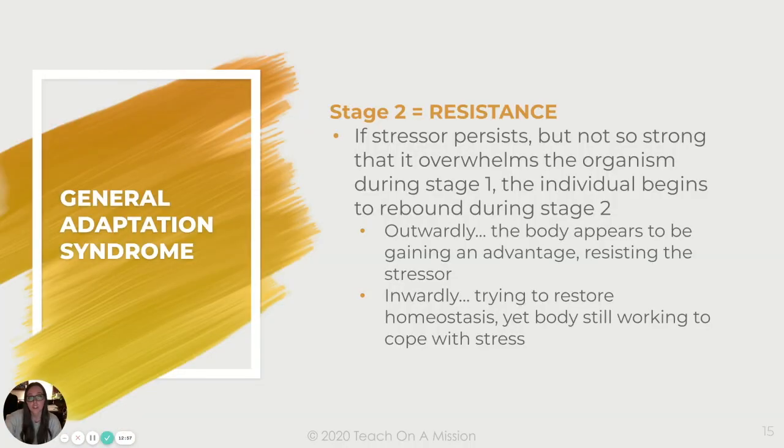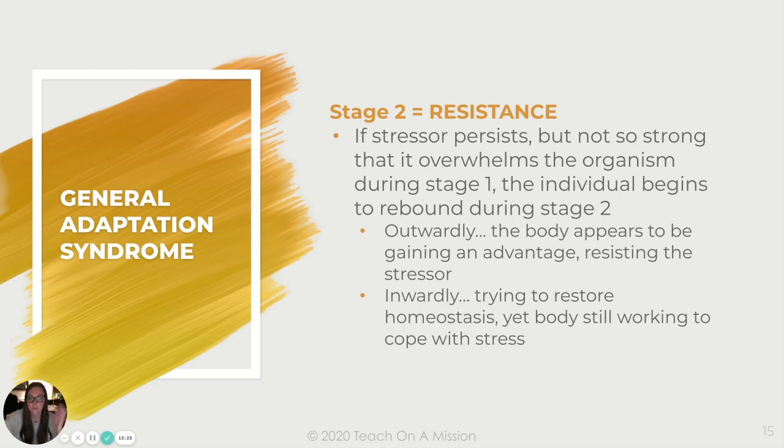Okay, stage 2, resistance. If that stressor persists, but not so long that it overwhelms the organism during stage 1, the individual begins to rebound during stage 2. Outwardly, the body appears to be gaining an advantage, resisting the stressor.